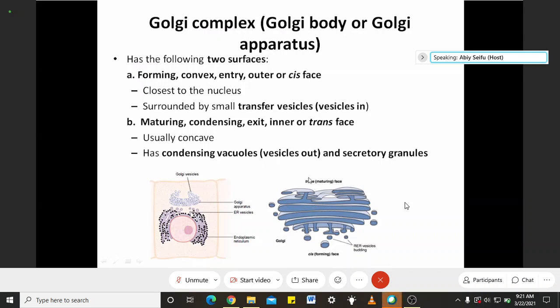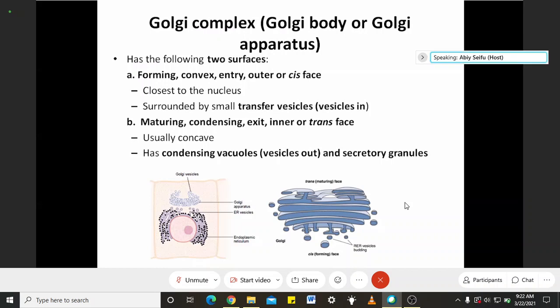So through the maturing surface, condensing vacuoles or vesicles will be released out. This will be transported towards the plasma membrane and be released out, or will be released as newly formed organelles, such as the lysosomes, or they will be integrated into the plasma membrane.